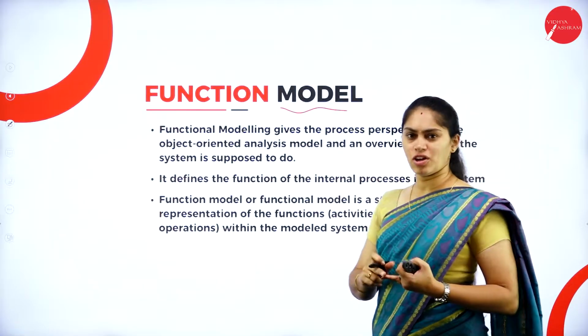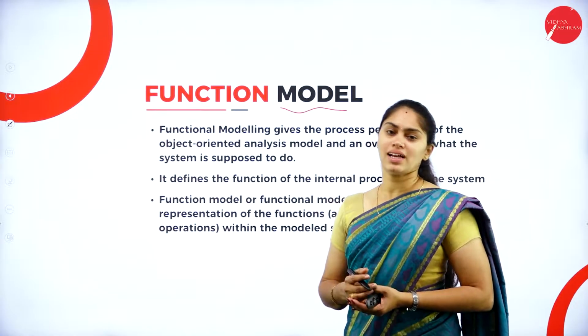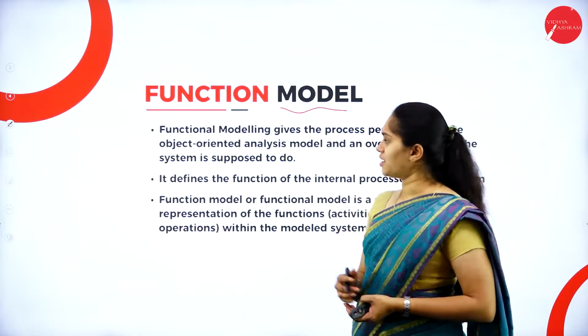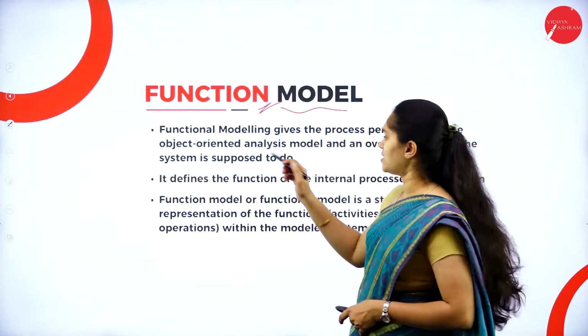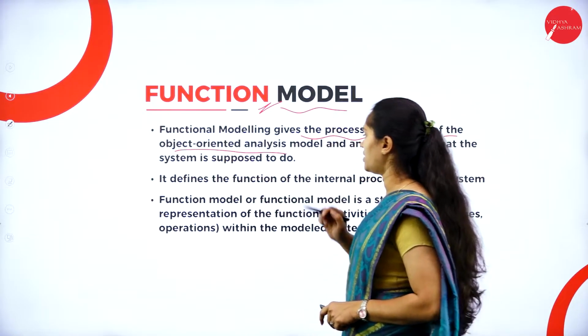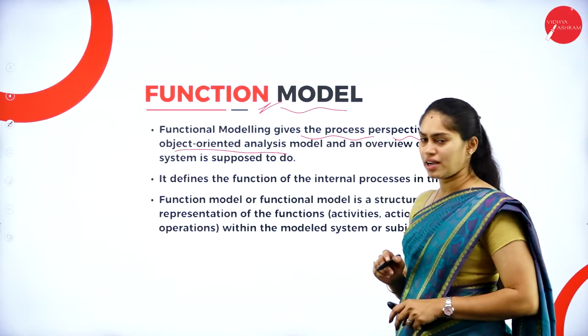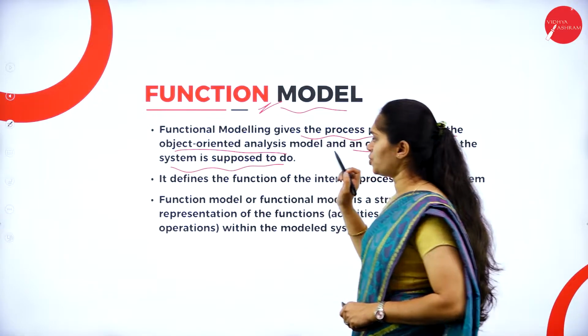Function model. So now we got to know that the data model shows how one object has a relationship with another object. As the name indicates, in the function model, what does it represent? This will give the process perspective of the object oriented analysis model, and also give an overview of what the system is supposed to do.